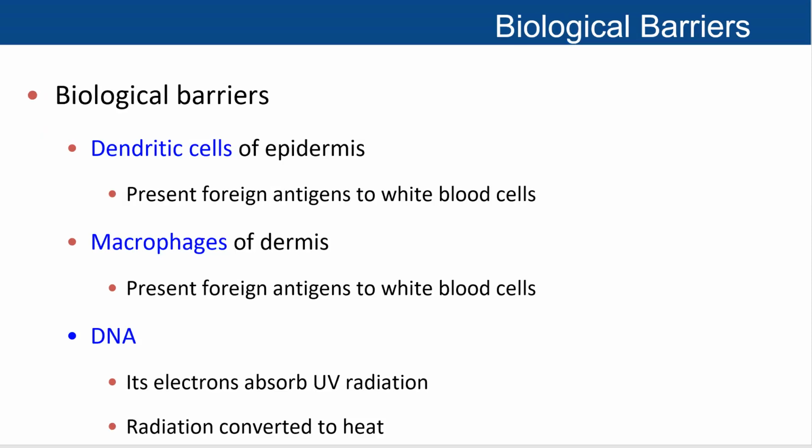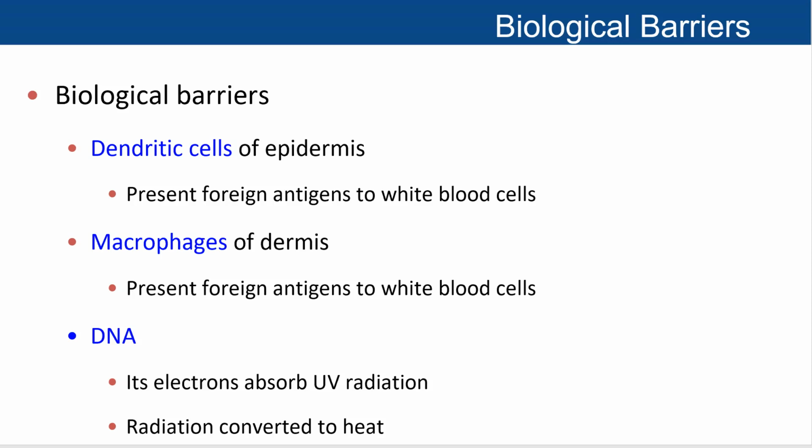How can skin act as a biological barrier? Skin is a biological barrier because of the presence of dendritic cells of the epidermis, macrophages of the dermis, and DNA itself. Dendritic cells, which are the skin macrophages found in the epidermis, and macrophages of the dermis, their job is to capture the antigen and present them to the white blood cells.